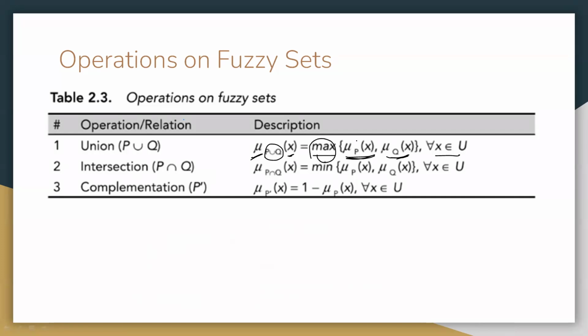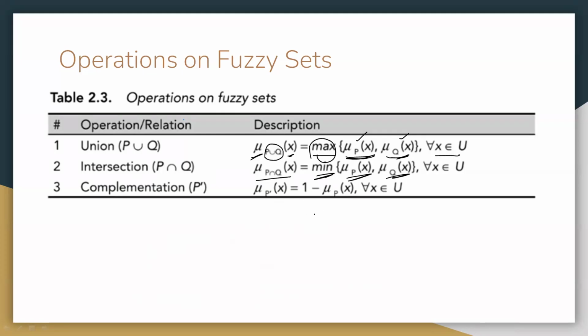We take the max for each element X, among P and Q. Similarly, intersection is the minimum of what is available in P and what is available in Q. So mu of P intersection Q for a particular element X is the minimum of what is in P and what is in Q.